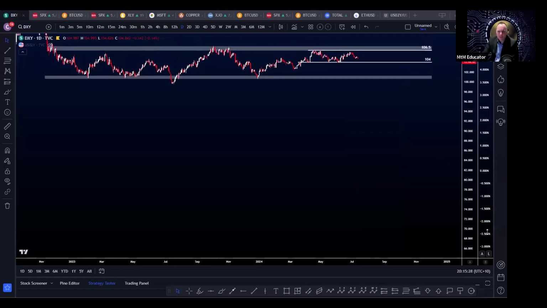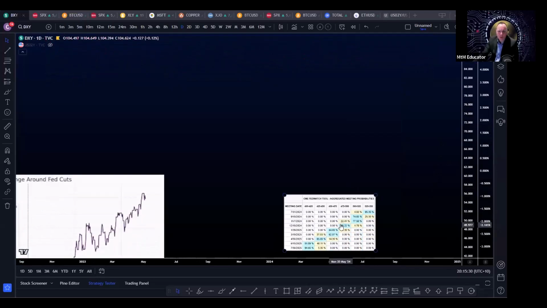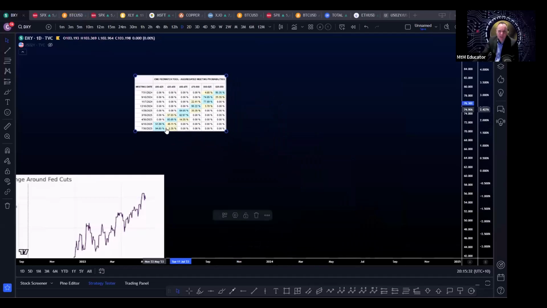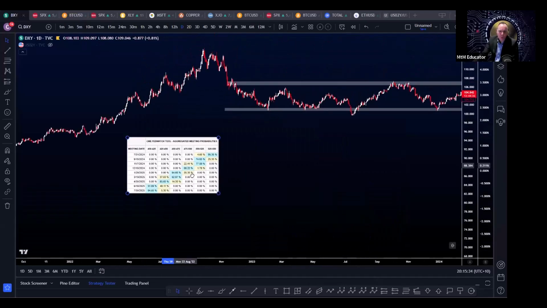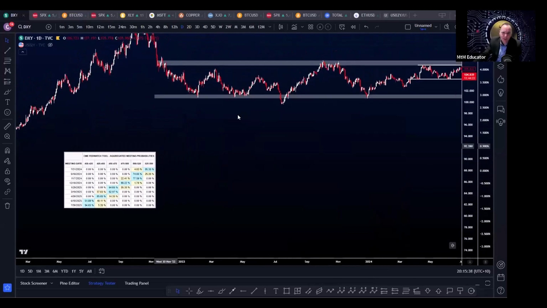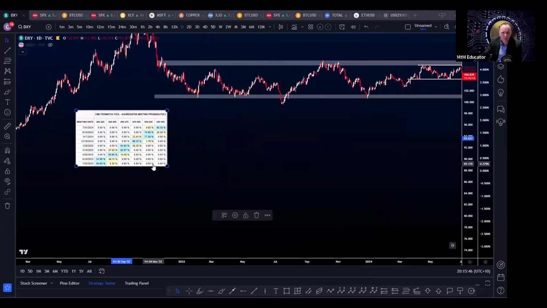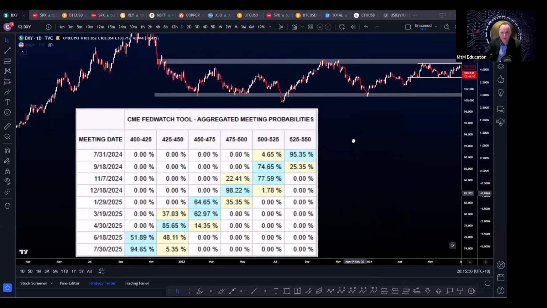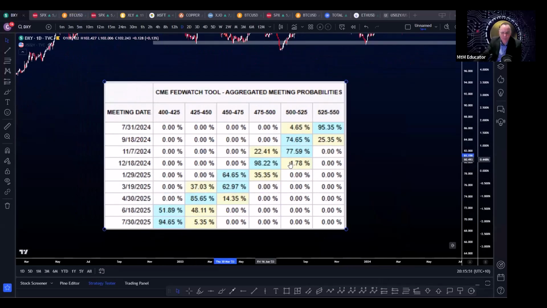Now, the one other thing that we need to look at is what are the rate cuts and what are the expectations that feed into the bond yields and also feed into the DXY. So when we look at the market, it puts a probability, and this is available on the CME FedWatch tool.